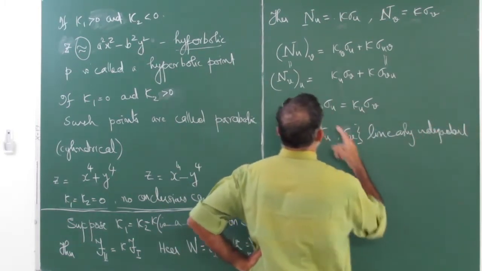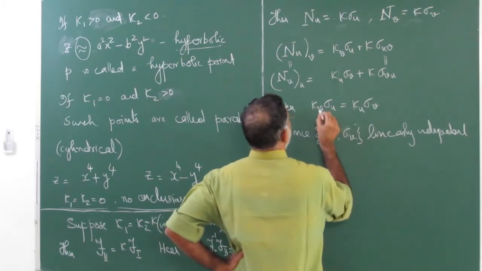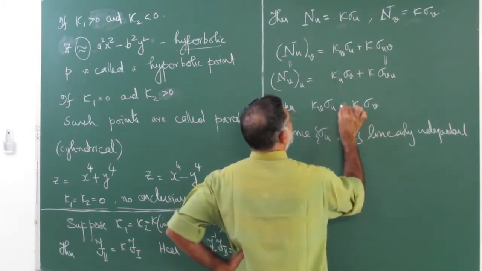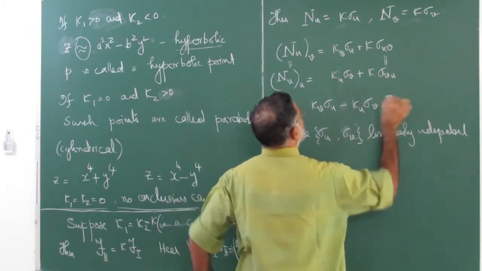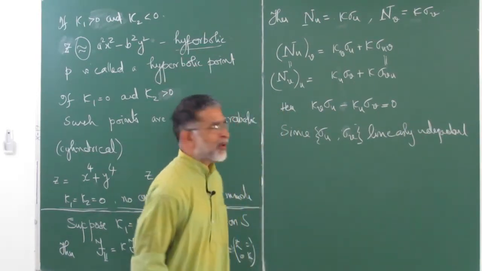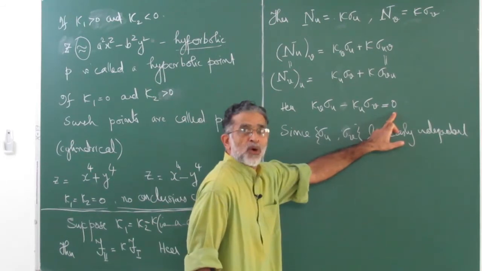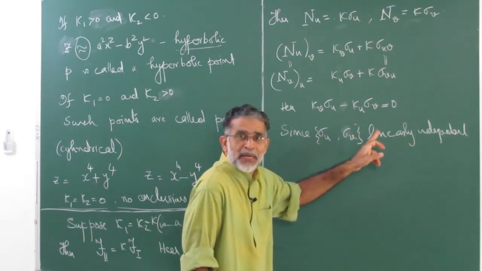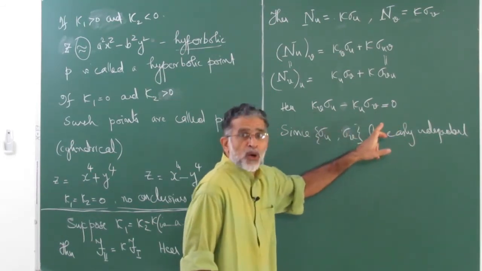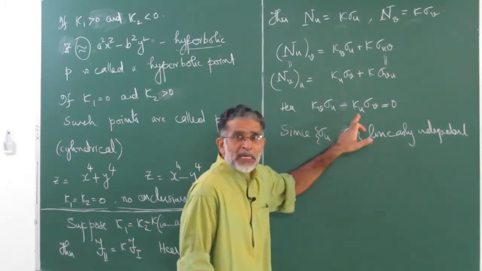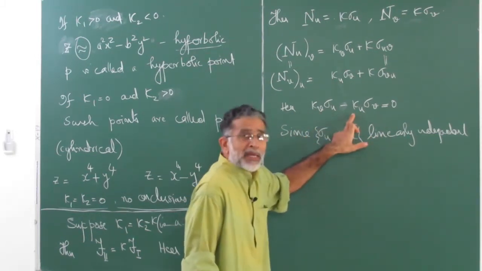In your language, this means you can also say kappa_v sigma_u minus kappa_u sigma_v equal to 0. That means alpha times sigma_u plus beta times sigma_v equal to 0, but sigma_u and sigma_v are linearly independent, therefore alpha equal to beta equal to 0. So kappa_u equal to 0 and kappa_v equal to 0.